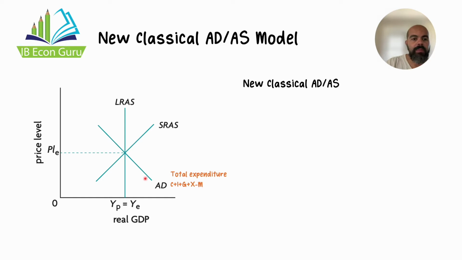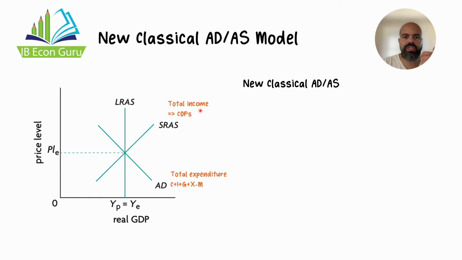Then you've got a positively sloping SRAS, short run aggregate supply. Think of this as the total income, because in order to produce output, you are going to be using the factors of production: land, labor, capital, and enterprise. Each of those factors of production is going to earn wages or interest or rent or profit.